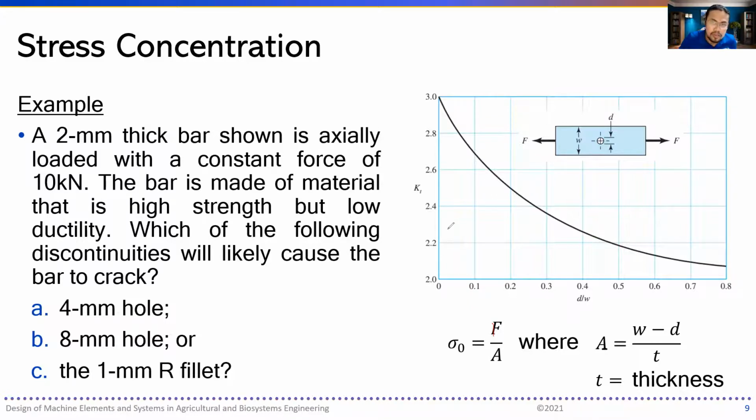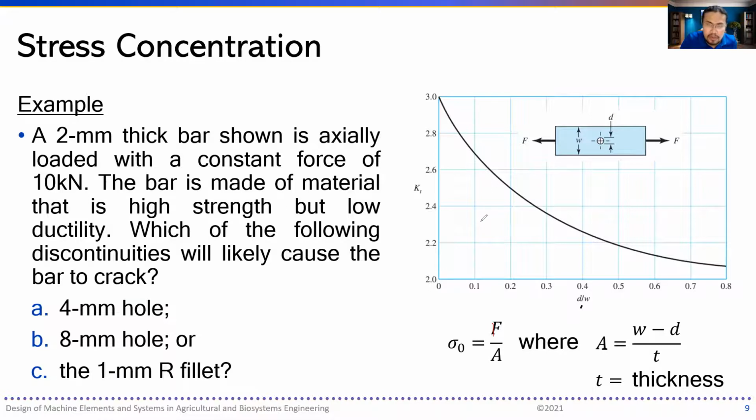So there's a table that's being used. Again, this shows the relationship of the stress concentration factor, K sub t, to the relationship of the diameter to the width of the bar.